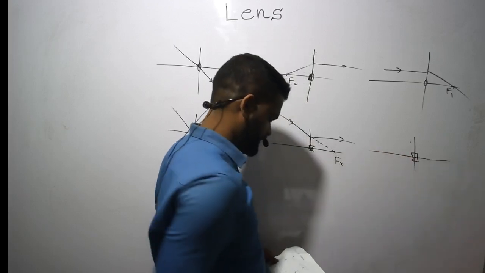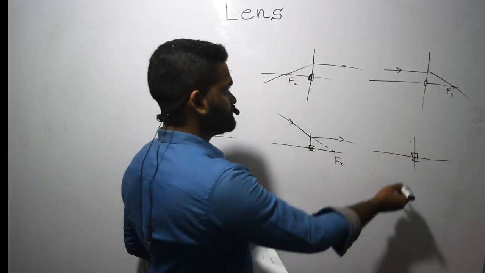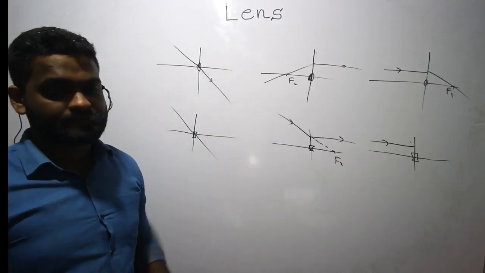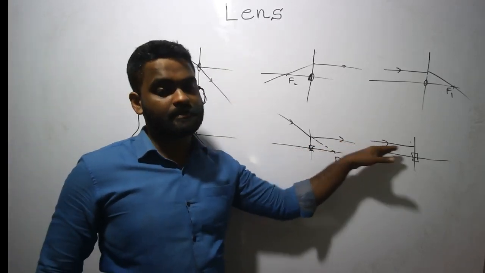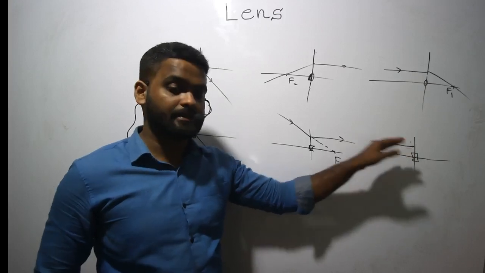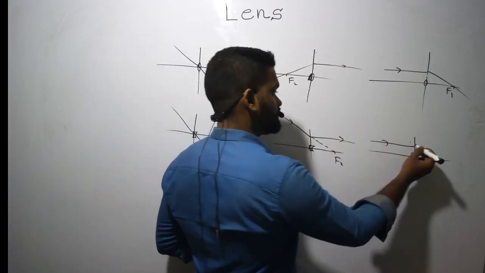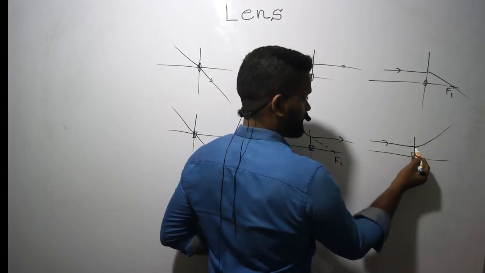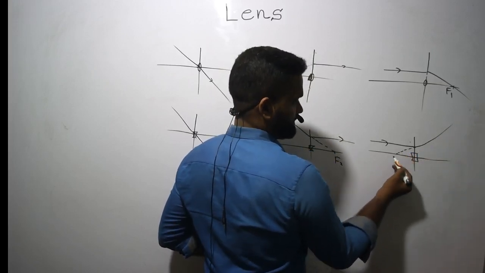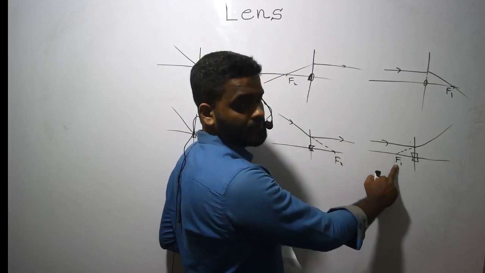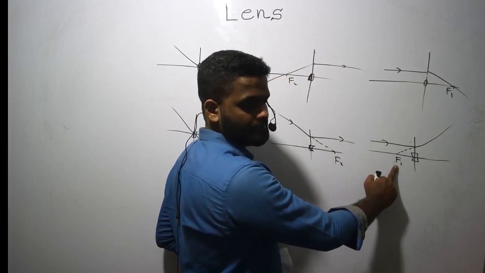Then another type, a ray parallel to the principal axis of a concave lens. After refraction, it deviates away. So when you extend it backwards, you will meet the primary focus of the concave lens.